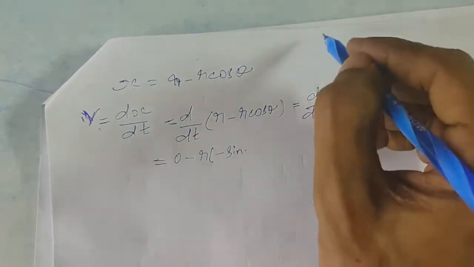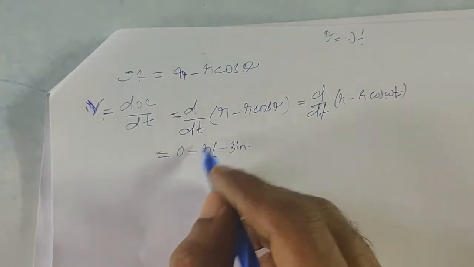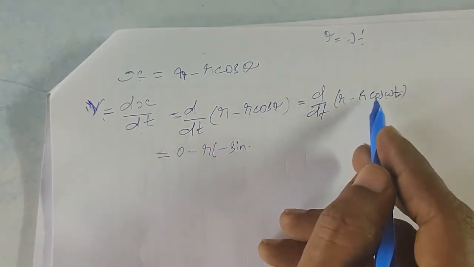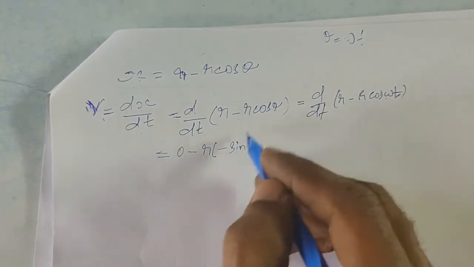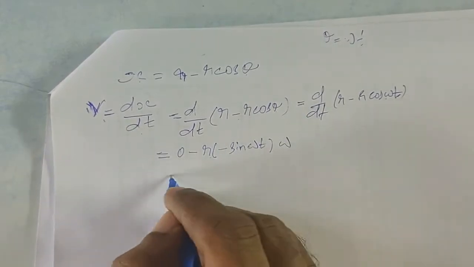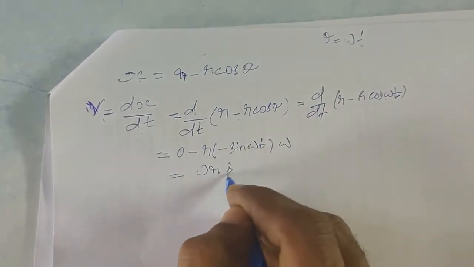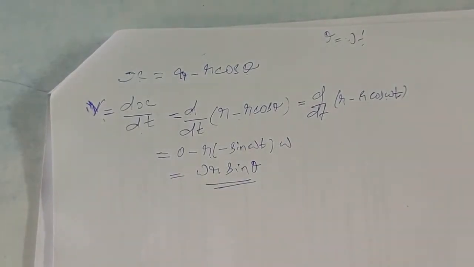So theta is equal to omega t. So it will be d by dt of r minus r cos omega t. On differentiating we will get minus sine omega t into omega. So it will be equal to omega r sine theta, or omega r sine omega t.